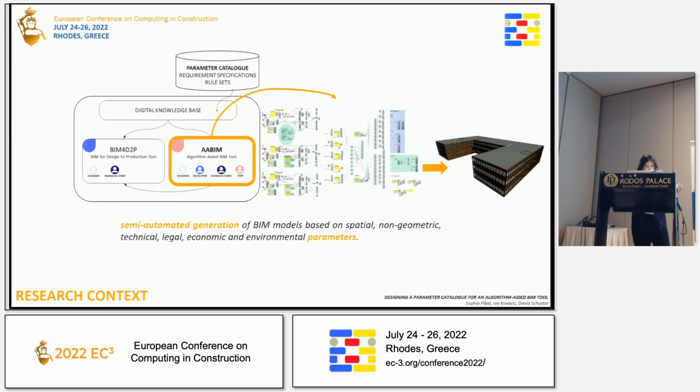And the algorithm-aided BIM tool aims at a semi-automated generation. So it's not fully automated, that's not what we're aiming for, but a semi-automated generation of BIM models based on the, of course, spatial, because we couldn't do it without it, non-geometric and technical, legal, economic, and environmental parameters.